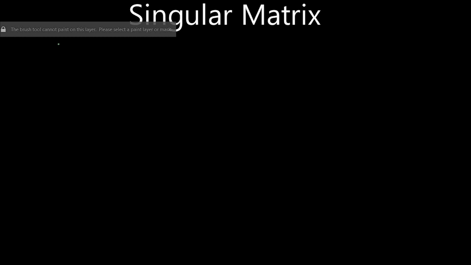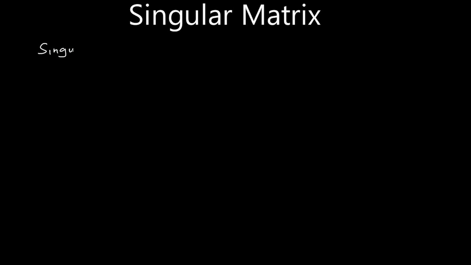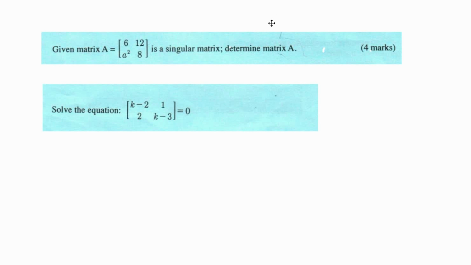So for a singular matrix, the determinant should always be equal to 0. We'll look at an example of two questions here.